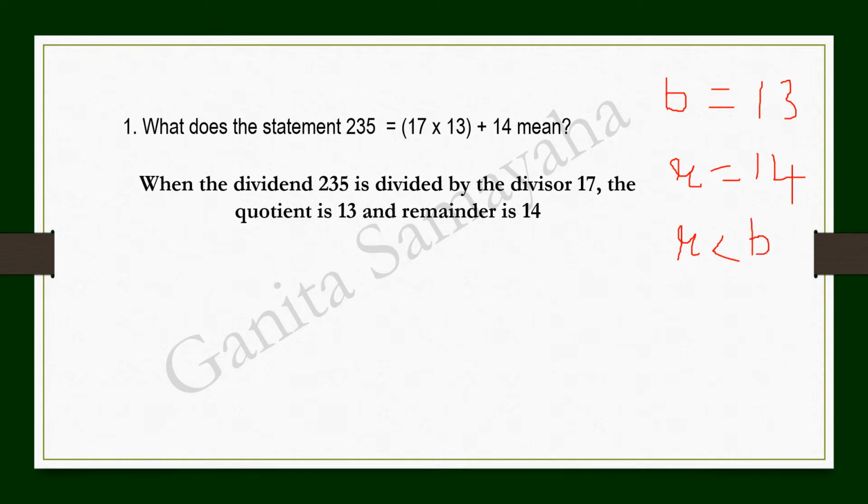Isn't it, children? That is the condition. But here, if we consider the divisor as 13 and remainder as 14, what happens? 14 is greater than 13, which means the remainder is greater than the divisor, which is not possible. So the only possible way of writing is when dividend 235 is divided by the divisor 17, the quotient is 13 and the remainder is 14.